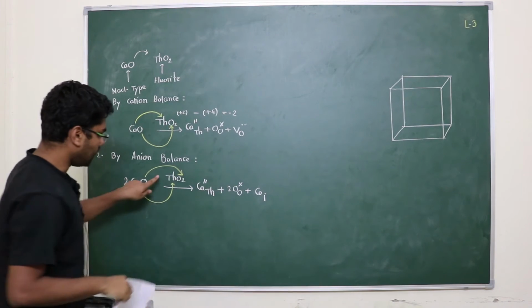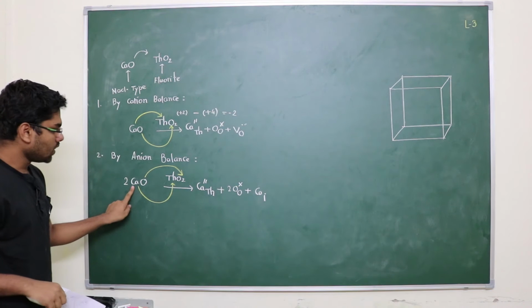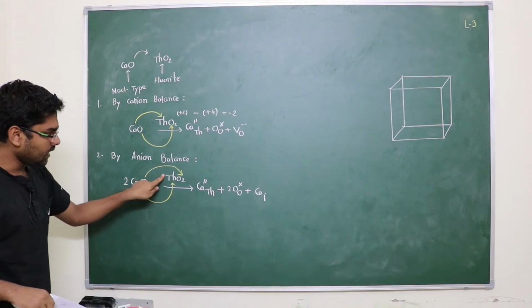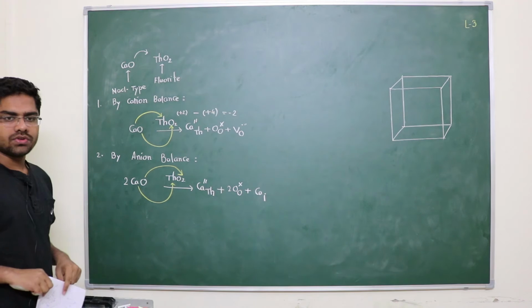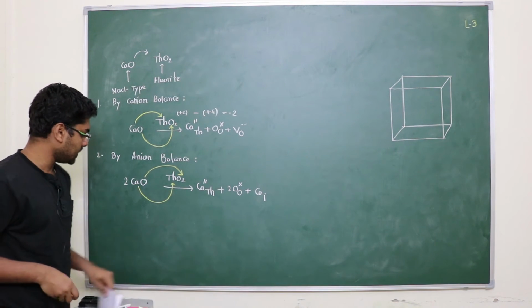Interstitial site of ThO2 crystal structure. So this calcium is going to sit in the interstitial site of ThO2 crystal structure, and what will be the overall effective charge?